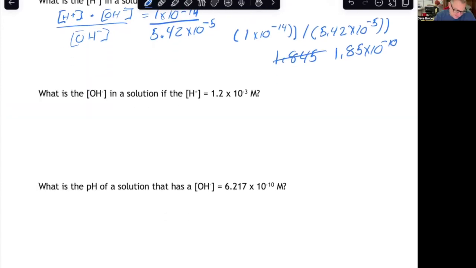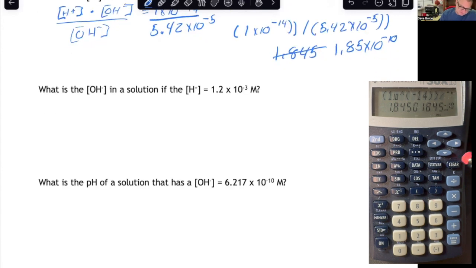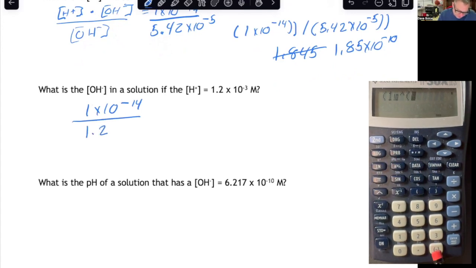So next, I have the concentration of hydronium, H plus, and I want the concentration of hydroxide. And so what I'm going to do is basically the same thing here. I'm going to do 1 times 10 to the negative 14 divided by the concentration I do know, which is 1.2 times 10 to the negative 3.